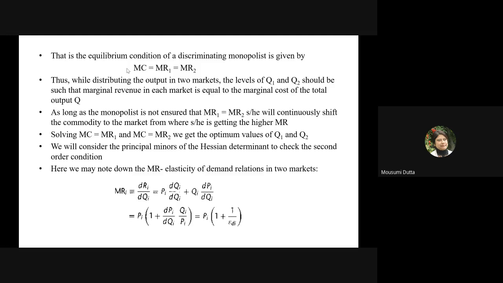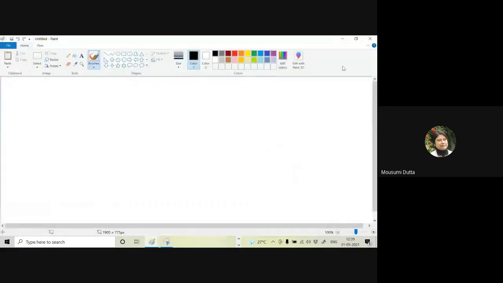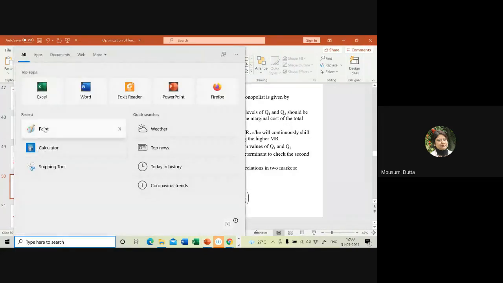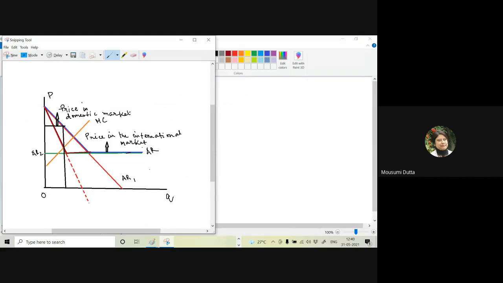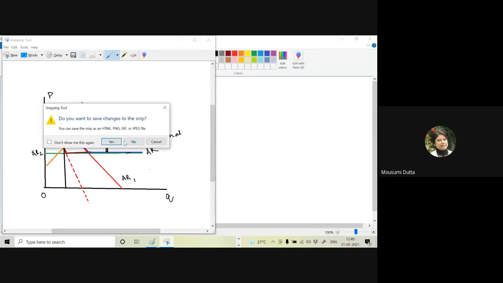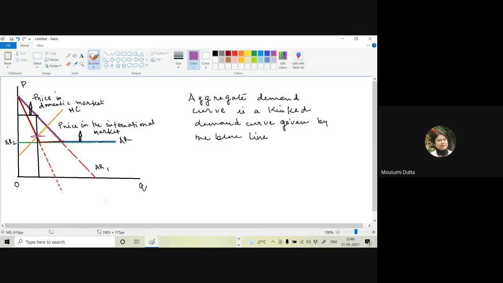Now I'll go back to the diagram. Okay. So here the MC is such a typical MC that the entire output will be sold in this market.